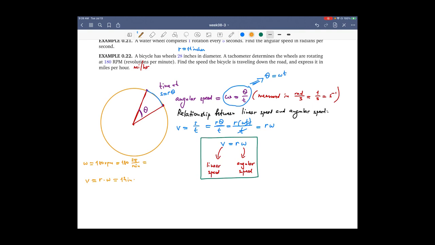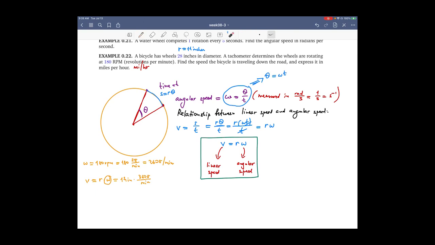And so that is 360 pi radians per minute. So here, instead of omega, I can write 360 pi over minute.